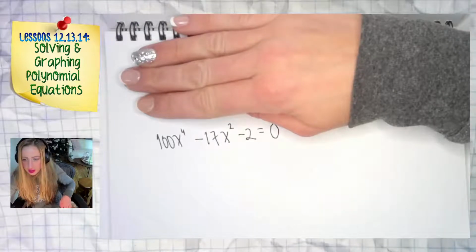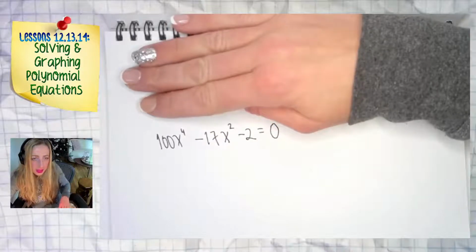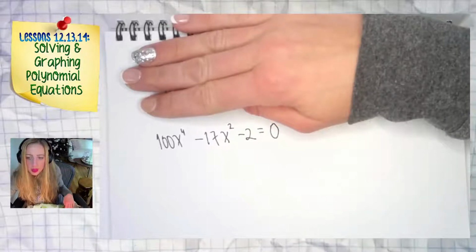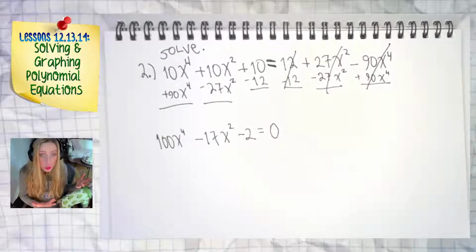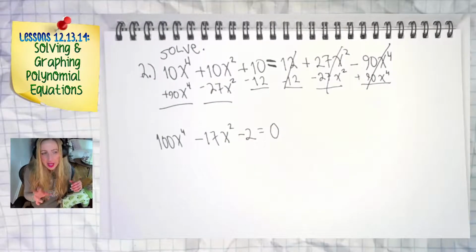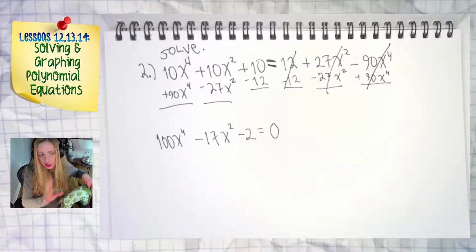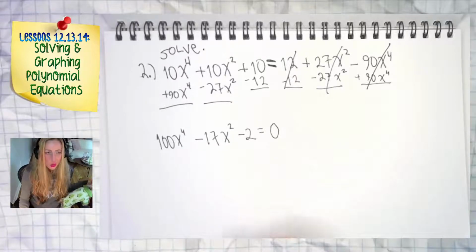Yeah, I see Abby's answer. AC method, yes. I do know a couple people were like, ooh, but 100's a perfect square, right? I get that. But for difference of squares, you have only 2 terms and a minus sign. So we have 3 terms. That disqualifies our difference of squares for the most part.